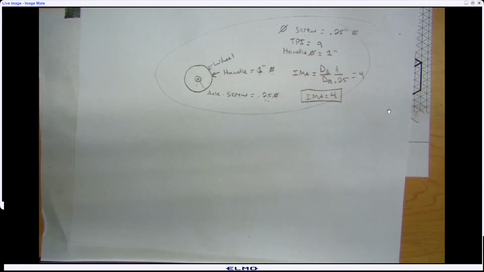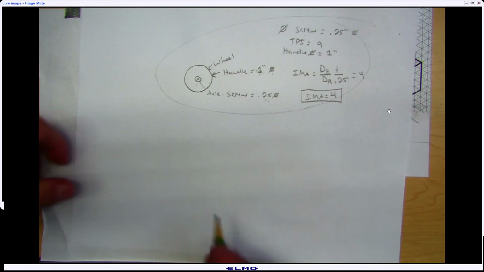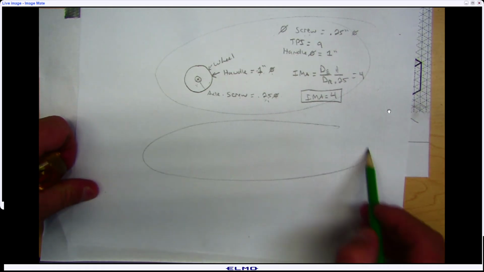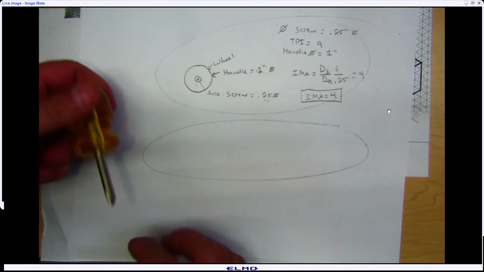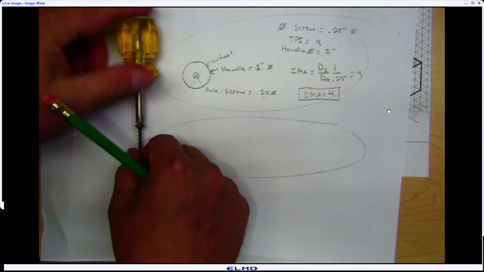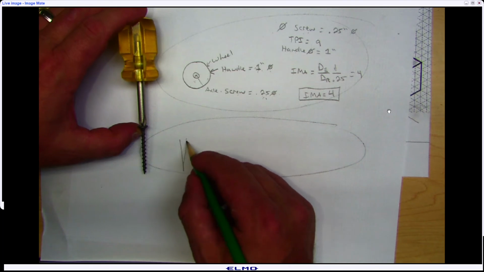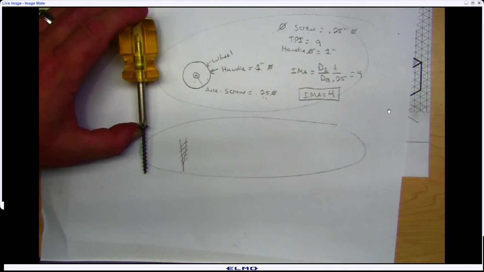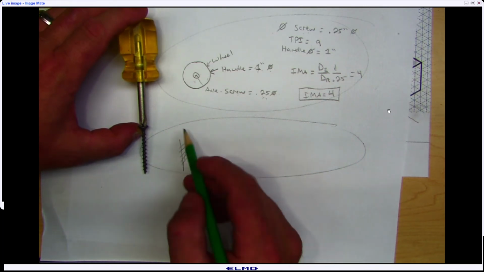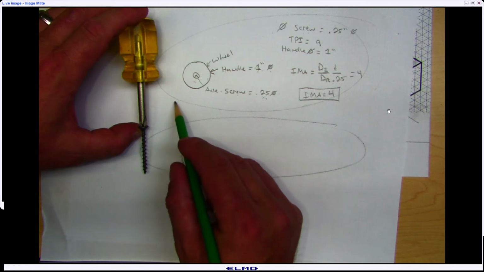But I have a second simple machine. Let's do the second one down here. If I look at this from a side view, I have my screw, my threads, and then I have my screwdriver.